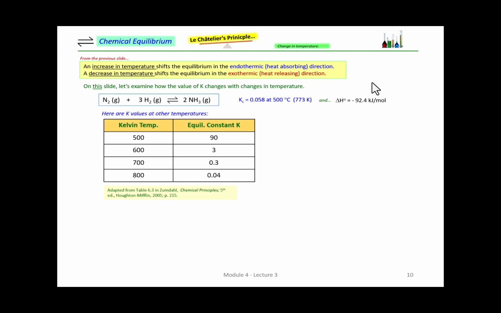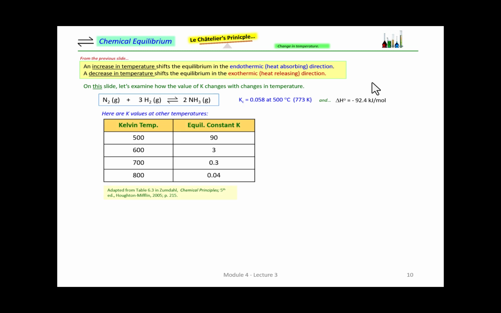Now from the previous slide, we recall that an increase in temperature shifts the equilibrium in the endothermic direction. A decrease in temperature shifts the equilibrium in the exothermic direction. Now in this slide, we'll examine how the value of K changes with temperature. And by examining, I mean I'll just show you some data.